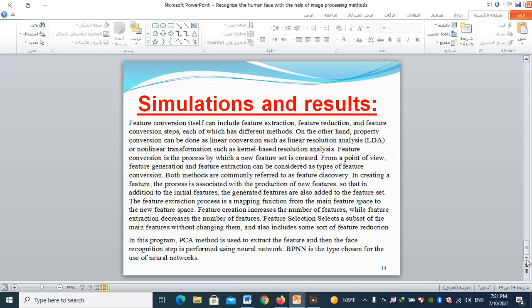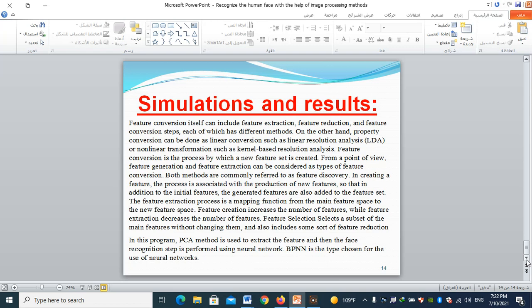In feature generation, the process is associated with the production of new features, so that in addition to the initial features, the generated features are also added to the feature set. The feature extraction process is a mapping function from the main feature space to the new feature space.